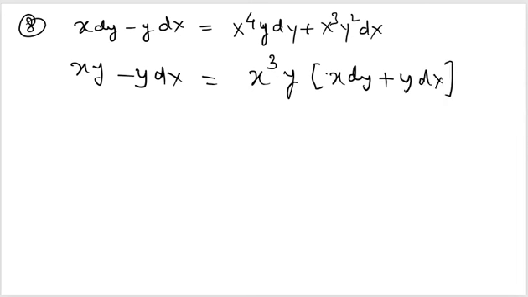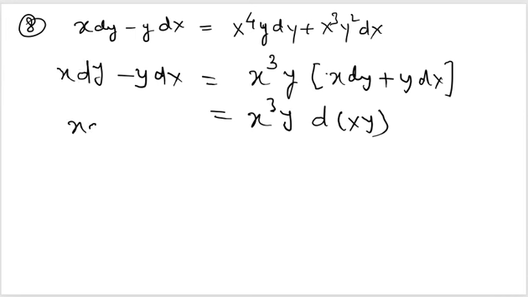Okay, let us first see the situation. Here it is x cube y. This can be further written as d of a product. This was x times dy. Okay, so this is x times dy minus y times dx. Let us figure out what can work.